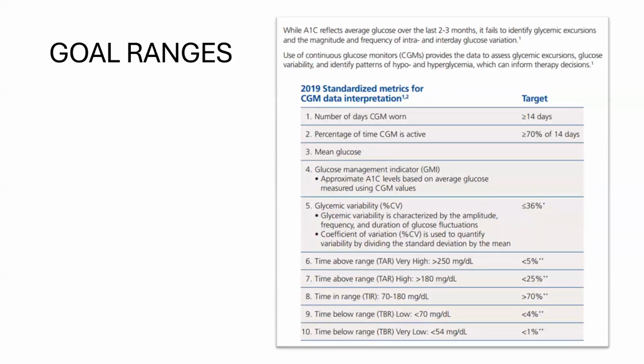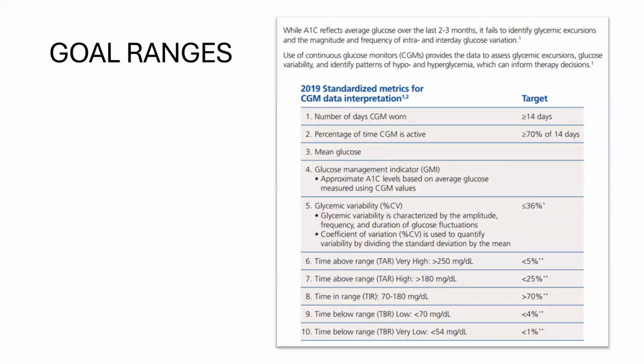So going through this chart, our goals that you'll see, number of data days for CGM worn, we really want 14 days. Percentage of time active, over 70% of those 14 days. Mean glucose, there's not particularly a specific goal for that, but it is something that's calculated.